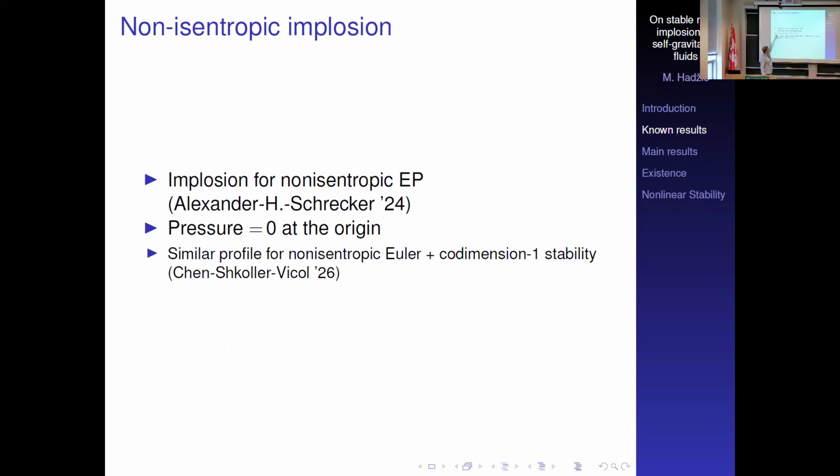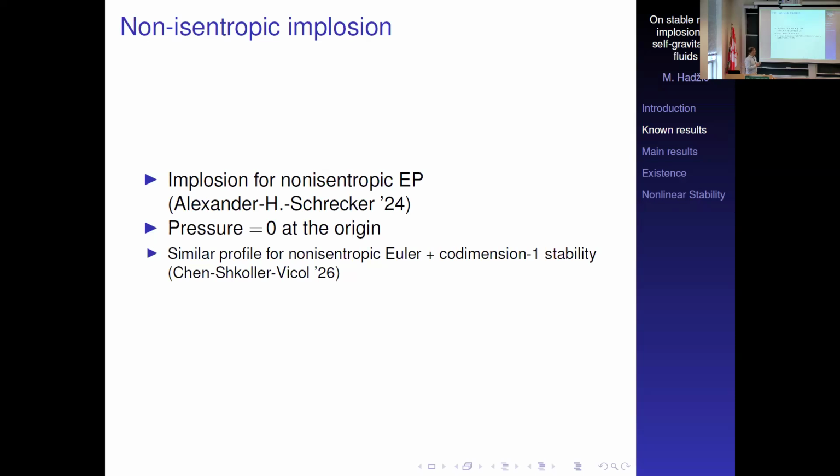So such an implosion profile was constructed in a joint work with Christopher, who is in the audience, and Matthew Schrecker. And this implosion profile has this funny feature that the density blows up, but the pressure is 0 at the origin, which means that the only way you can accommodate that is if something non-trivial happens with the entropy.